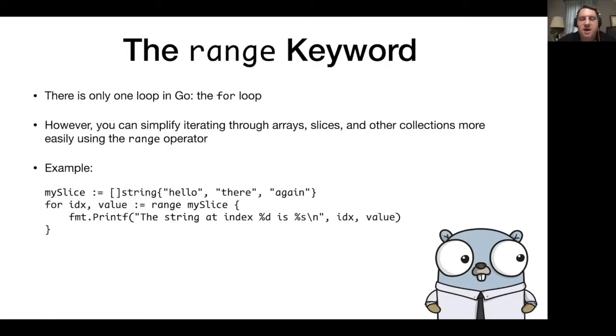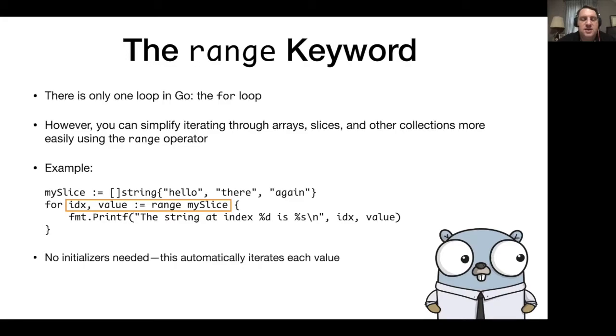So here we have basically the same code as we had before, but instead of iterating through an index that we have to manually set to 0 and then manually increment, we're going to use the range operator to do all that for us. So there's the range operator. Range my slice basically says in this for loop, go through each element, set idx to the index, set value to the value, and then run the loop.